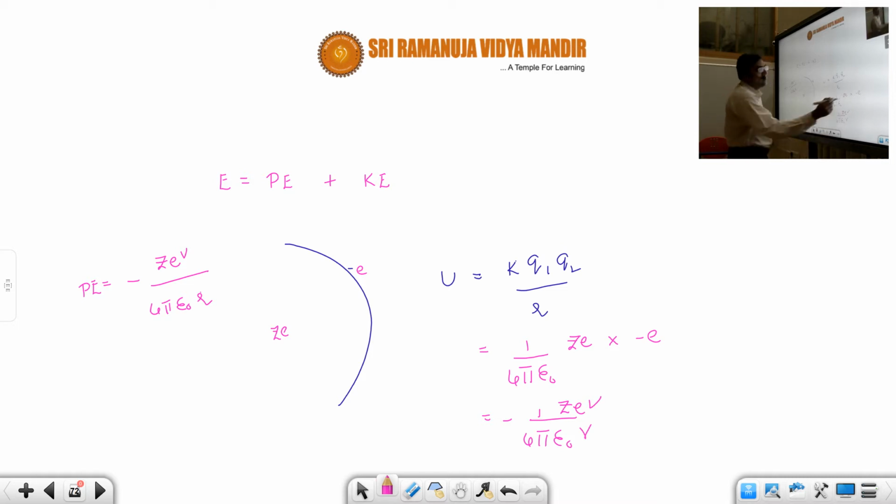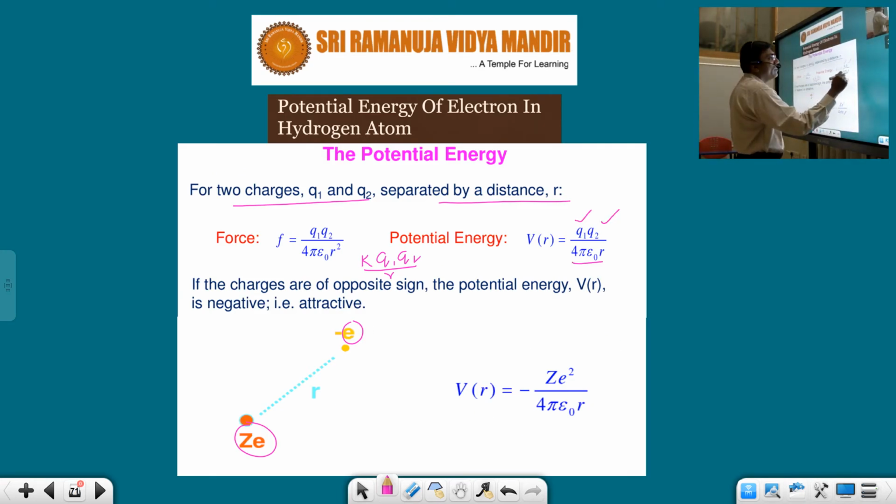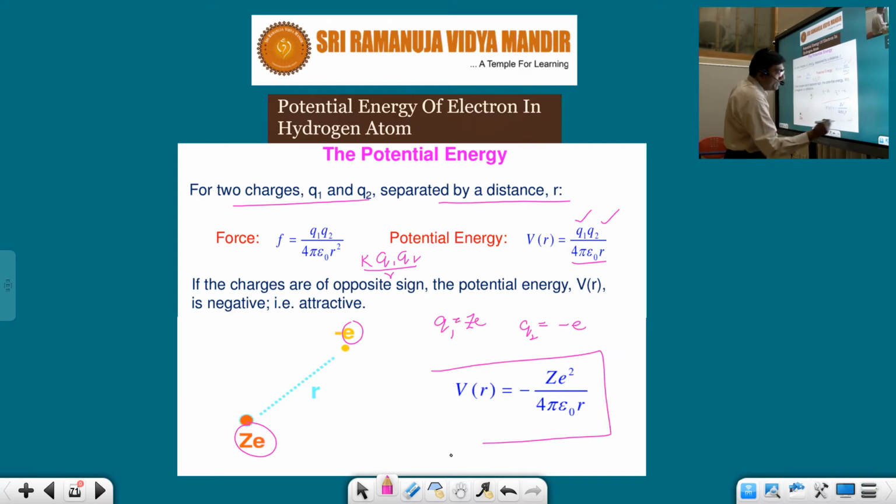I hope you understood. Now let us go back and see. Q1 Q2 by 4 pi epsilon naught R, but here Q2 is equal to minus E, and Q1 is equal to ZE, and naturally the expression will become minus ZE square by 4 pi epsilon naught R.